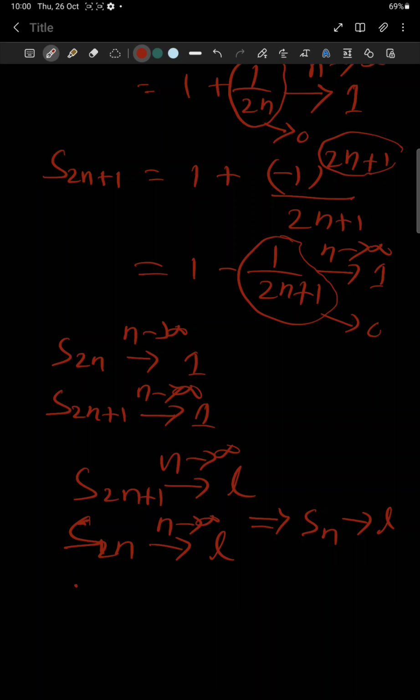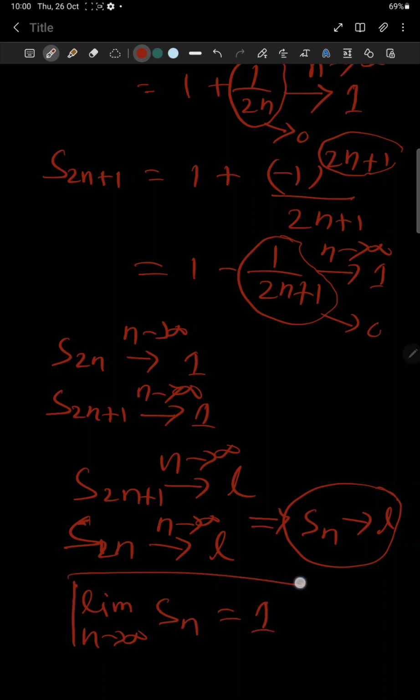It means that when the odd subsequence and even subsequence both converge to the same limit L, then the sequence itself is a convergent sequence and it converges to L. Okay, so from this result we conclude that the limit as n tends to infinity of Sn equals 1 in our problem. So our Sn is a convergent sequence and it converges to 1.